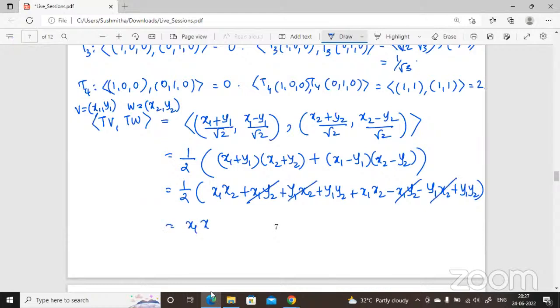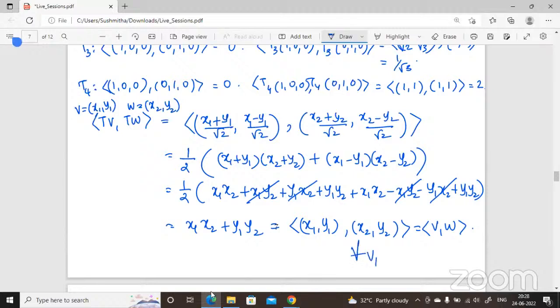So this is x1x2 plus y1y2. This is nothing but the inner product of (x1, y1) comma (x2, y2). So this is how you check whether it preserves the inner product or not. There's nothing special about V and W, so this is true for all V, W in R2, so it works.